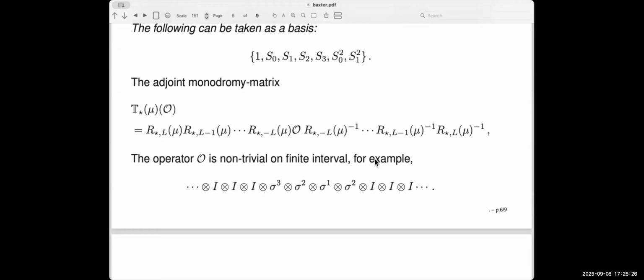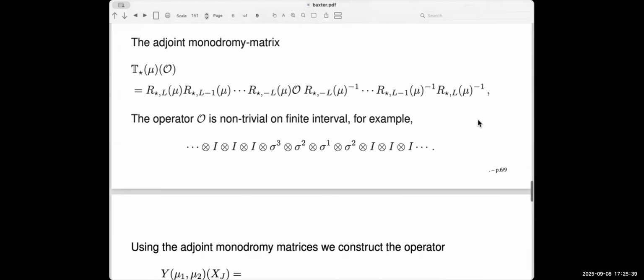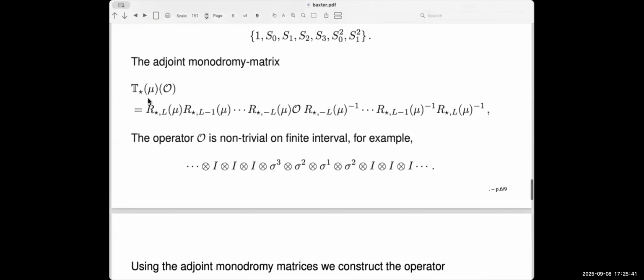So now, the rest of the construction is that we construct the adjoint monodromy matrix first of all. So we take this R matrix, which is in the tensor product of anything with two-dimensional, and act on these local operators, which are something like that, yes.